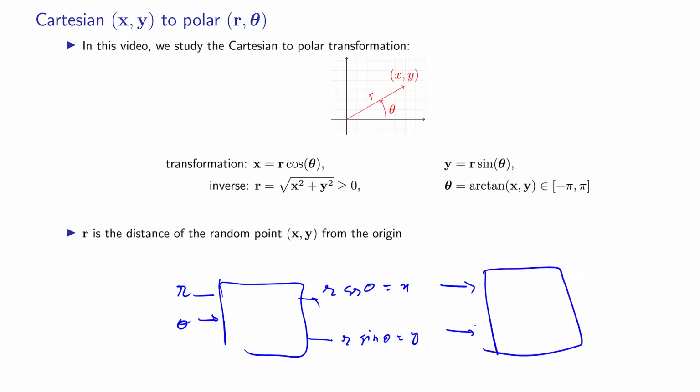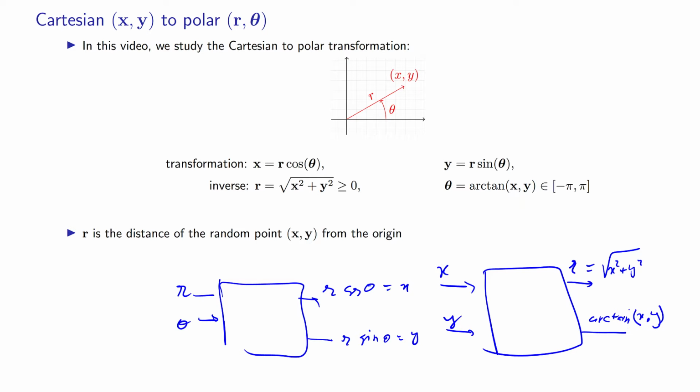So if you have x and y as input, you calculate the square root of x2 plus y2, this gives you r, and then you calculate arctan 2 of x and y.